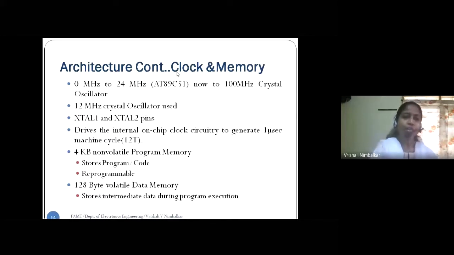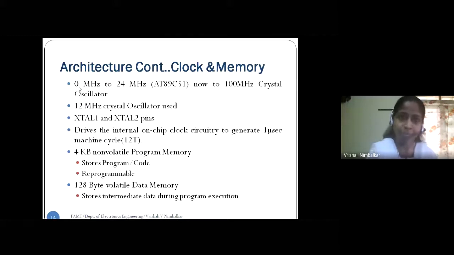Now the clock, generally the 8051 that we use, we operate it at 12 megahertz. So I have mentioned here, for example, if I use Atmel, 80 stands for Atmel, 89C51 microcontroller, C for CMOS. Specifically, if I use this microcontroller, it operates at a frequency from 0 to 24 megahertz.